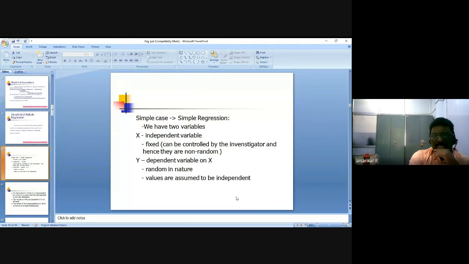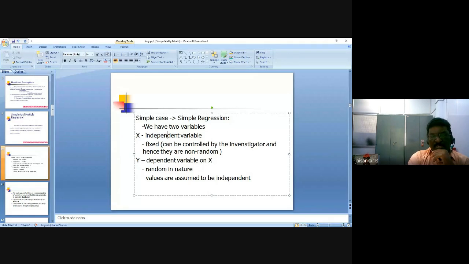While I taught correlation coefficient, I told that x and y both should be random variables. Here, the things are different. Y is a random variable, but x need not be a random variable. All the problems which are used for correlation can be done with regression also.